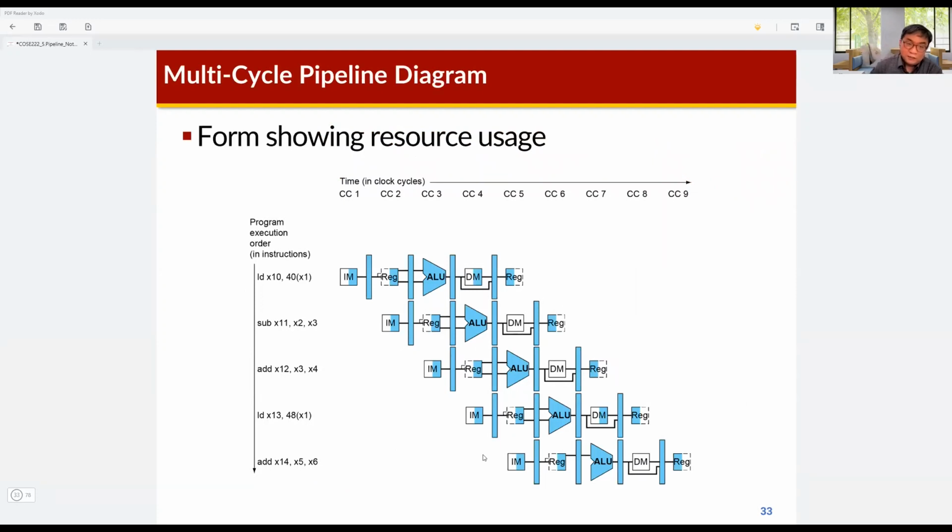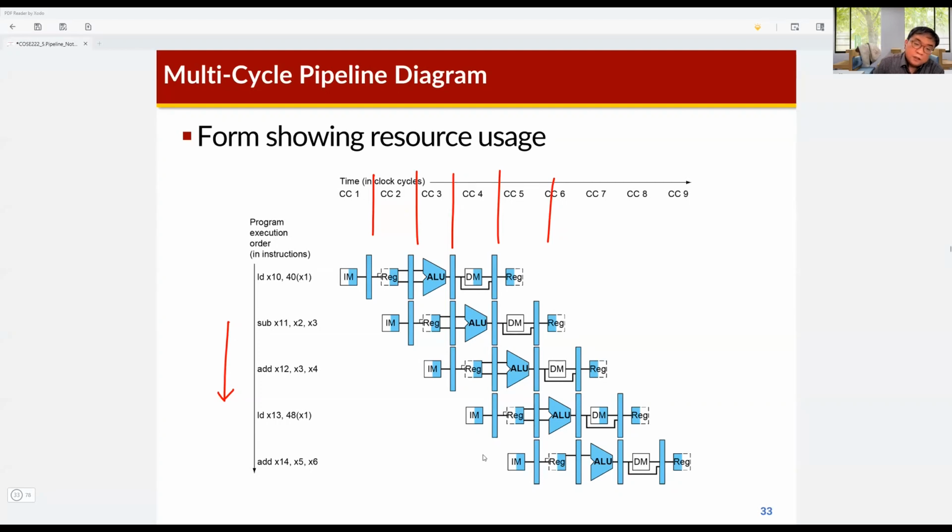And this is the multi-cycle view of the pipeline processor. You can find that multiple instructions are executed in this order, sequentially, every clock cycle. In the clock cycle by clock cycle number, you can find which instruction is in which stage of the pipeline processor.